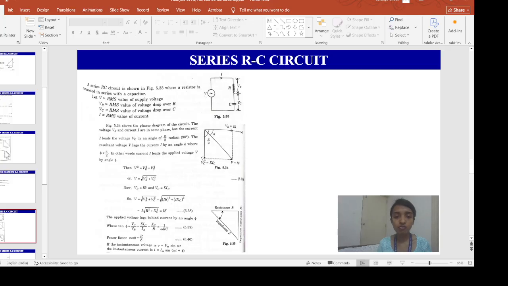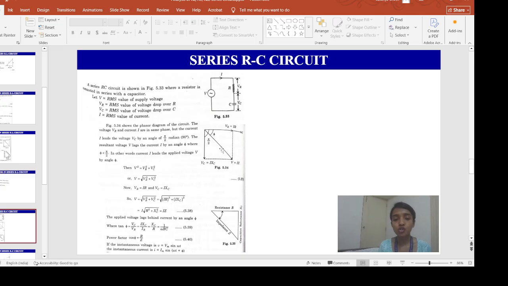So, if this is VC and this is VR, we can take the resultant vector in this direction. This is my resultant voltage, and this resultant voltage lags the current I by an angle of phi. Now, obviously, as you can see in the figure, phi is less than pi by 2.